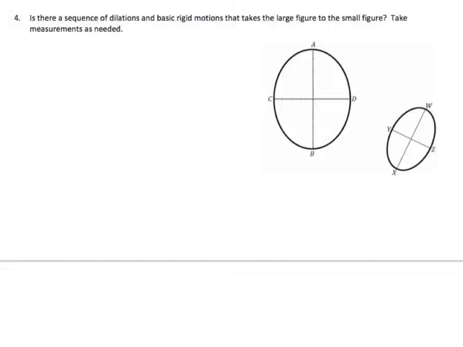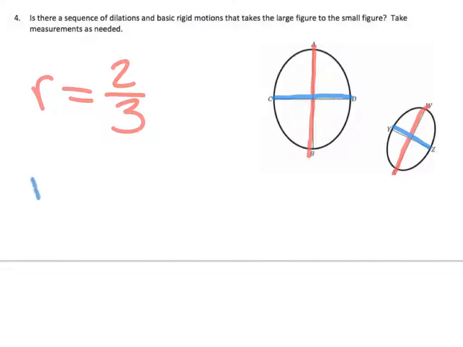Here, if we measured segment AB and compared it with segment WX, it's getting smaller, so we have a scale factor of approximately 2/3. But then if we check the other segment, CD compared with WZ, our scale factor is about 1/2.